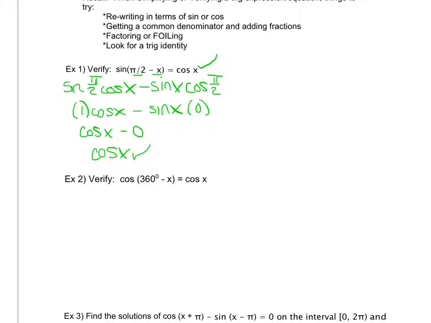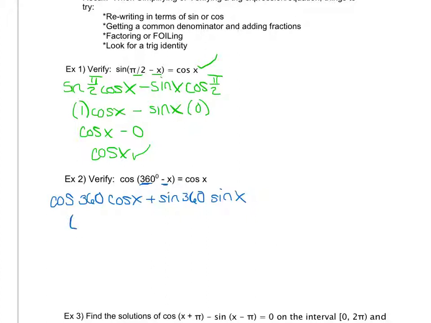Example 2 is very similar to example 1. To verify this, again, I notice I cannot distribute a trig function, therefore I cannot distribute cosine in, but I can use a formula to find out what cosine of alpha minus beta is, and it is cosine of alpha times cosine of beta plus sine of alpha times sine of beta. 360 degrees is again a value from my unit circle.